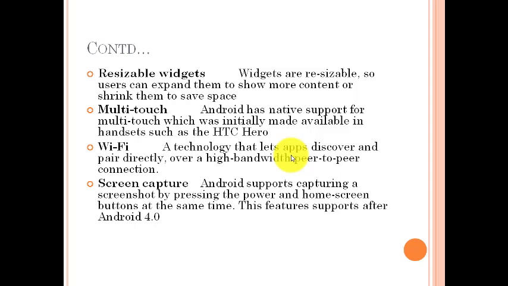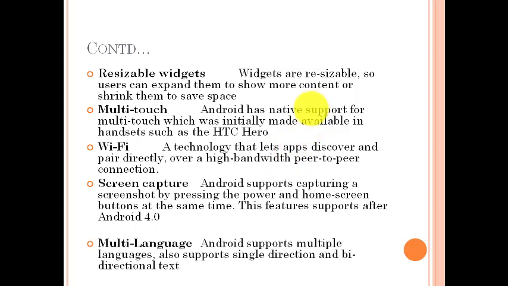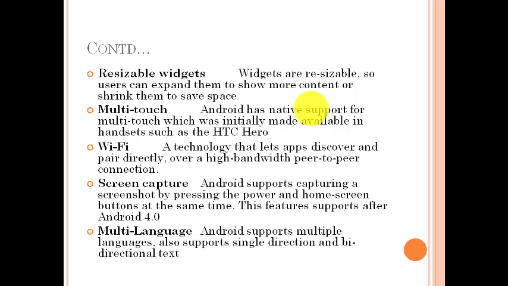This feature is supported after Android 4.0. We can press the power and home buttons simultaneously so that the current working screen will be captured and saved in your mobile. Multi-language. Android supports multiple languages for developing applications. Now we will use the Java language for programming.